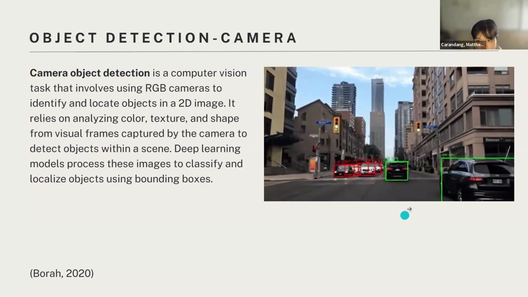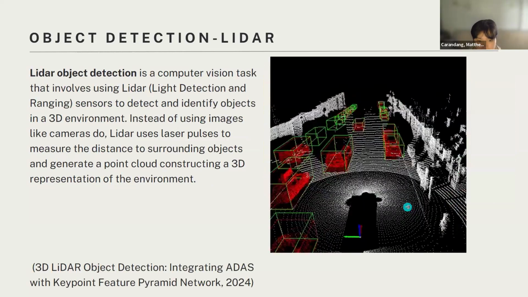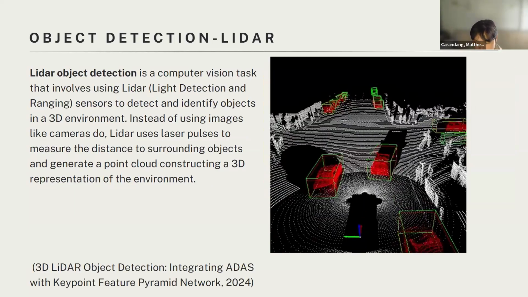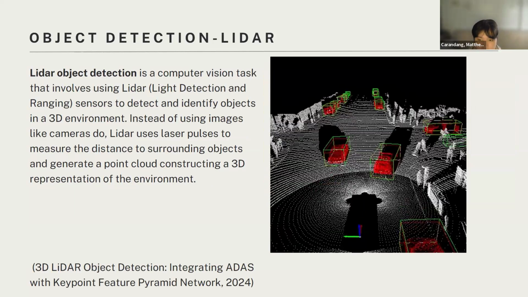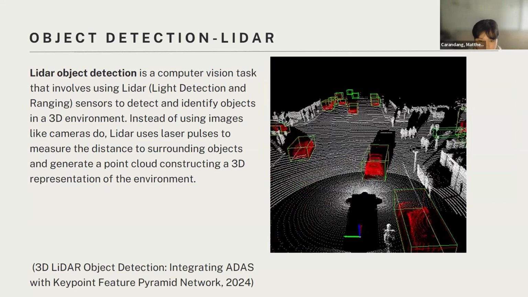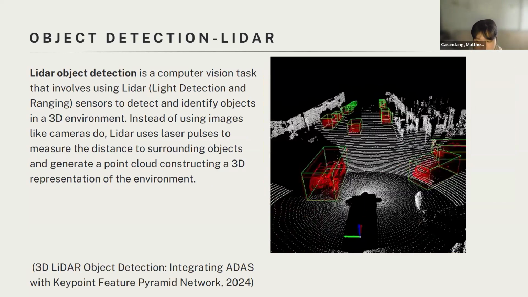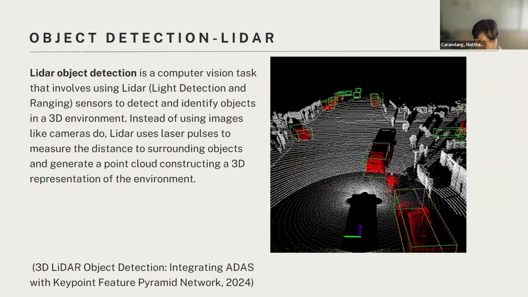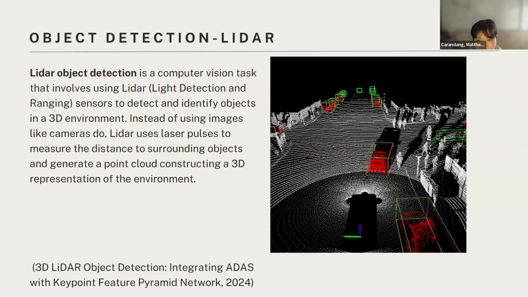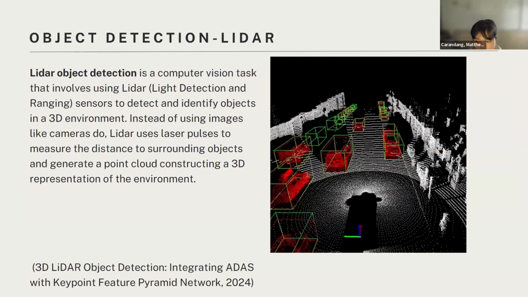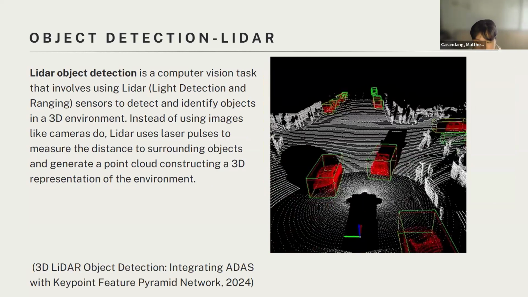Moving on to the next modality, we have LiDAR. Compared to the previous modality, which is the camera or plain images, LiDAR works differently in that the LiDAR sensor basically emits laser beams.